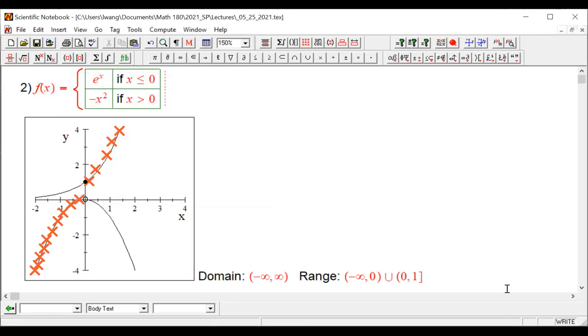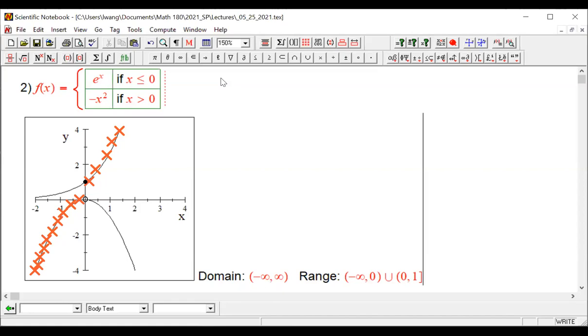So that's the range, and that's the sketch. You follow me? That's the piecewise function. When you observe the domain and range, you have to be careful. Typically the domain is all real numbers, defined everywhere, but the rules are different on different pieces.